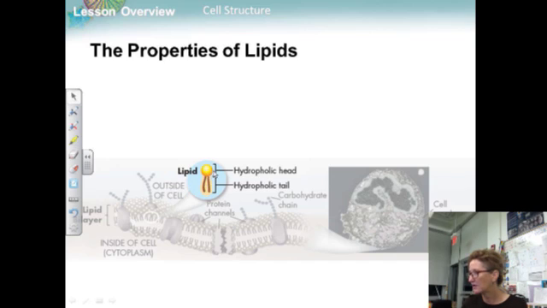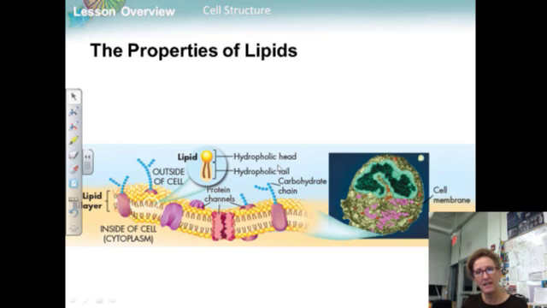When such lipids are mixed with water, their hydrophobic fatty acid tails cluster together, because they don't want to be around the water, while their hydrophilic heads are attracted to the water. As a result, you can see there's a lipid bilayer. You have heads on the outside facing the water with the tails inside, and some on this end. So you have them inside and outside of the cell. A lipid bilayer is the result.